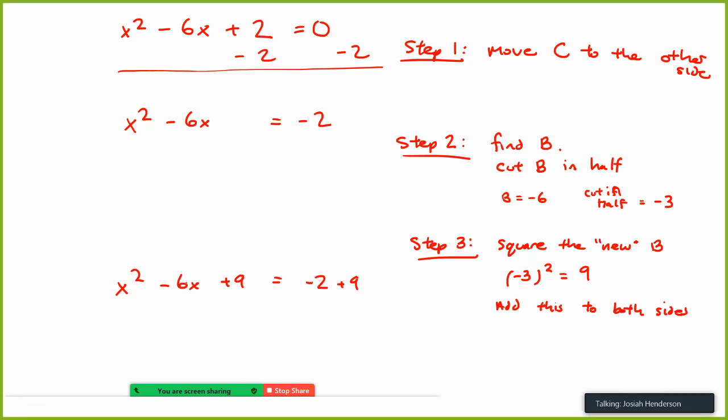So let's do that now. Step 4 is to factor what we have on the left and then combine whatever's on the right. Combine those negative 2 and plus 9s. So let me write that down. Step 4, factor the left like normal. It'll work this time. And then combine or add the two numbers on the right.